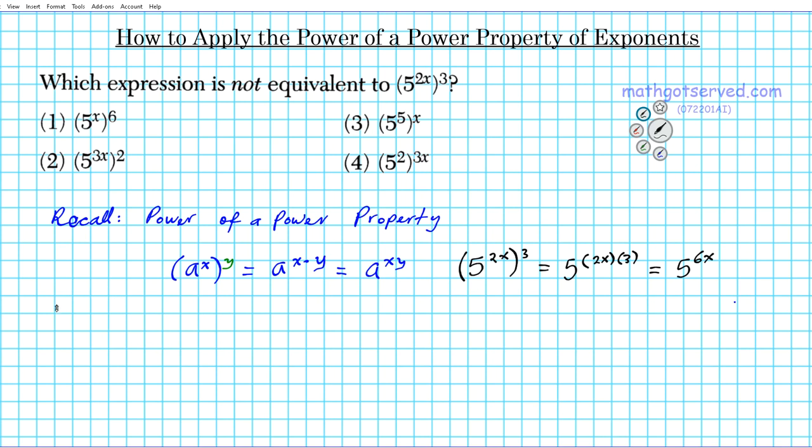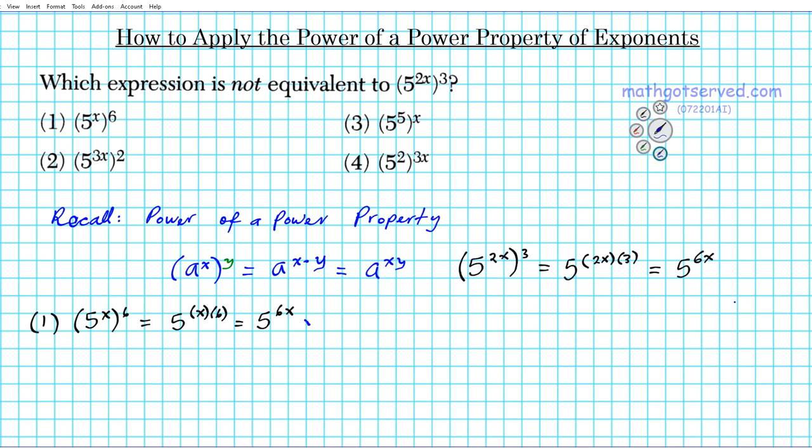All right, so let's start with the first one. Simplify that, see what we get. The quantity 5 to the x raised to the 6th power. If we apply the power of a power property, this is going to become 5 raised to, you just multiply the powers, x times 6, which you write as 5 to the 6x. Do we have a match? Absolutely, these two match.